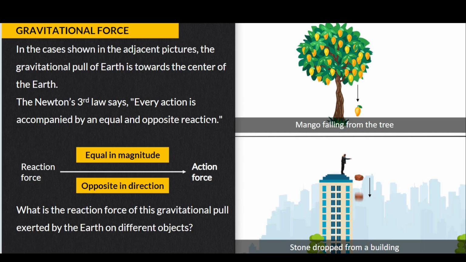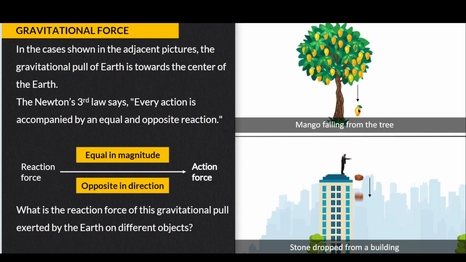If there are two objects, A and B, and A is pulling B, B will also pull A. So there is an action force and a reaction force, and they are equal in magnitude, meaning equal in value, and opposite in direction. So what is the reaction force for the gravitational pull?